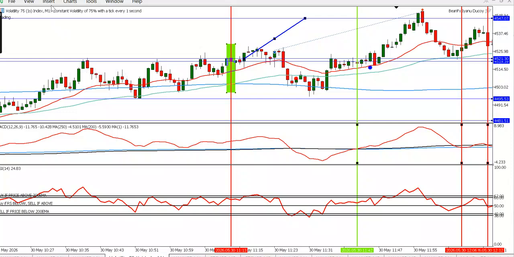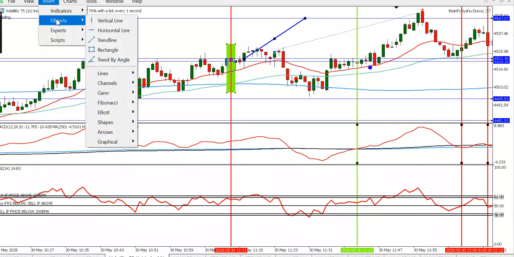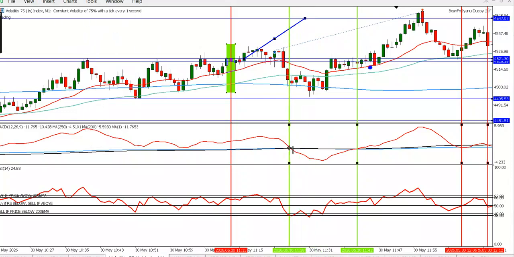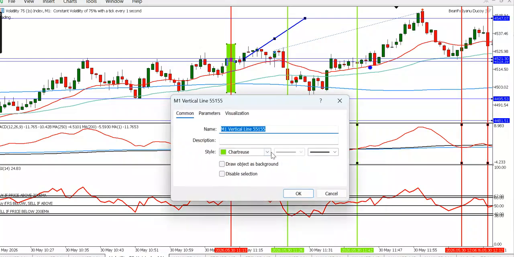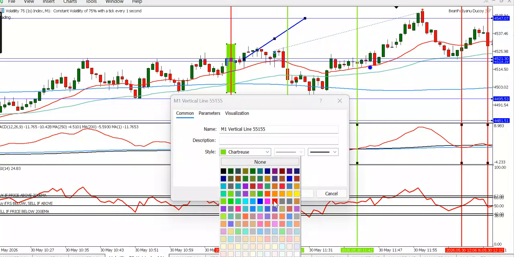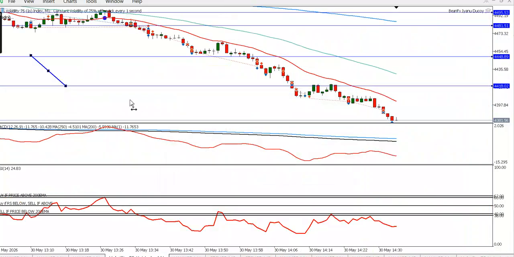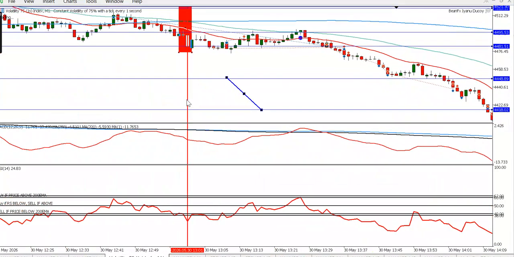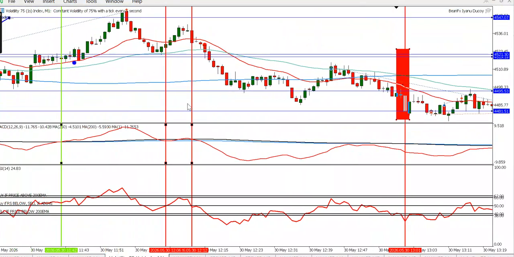Okay. And this is sell signal. Okay. This sell signal. Okay. So let's just stick to this as our sell signal.